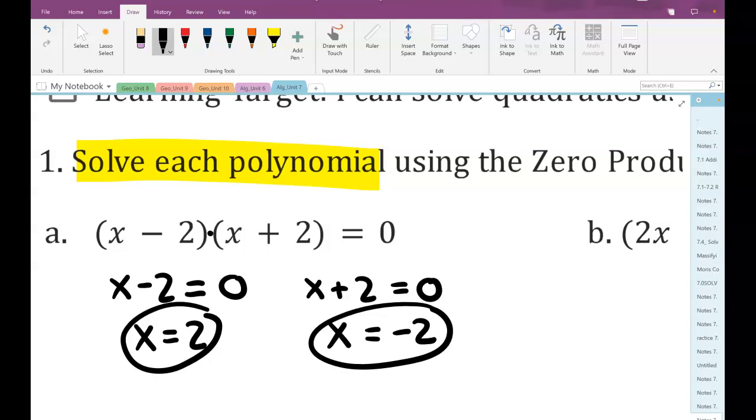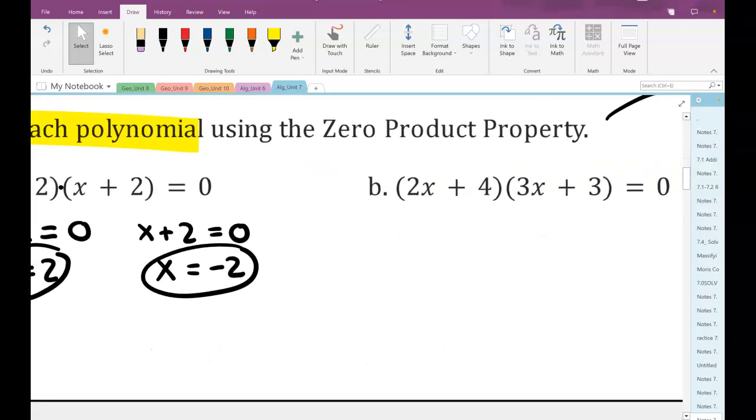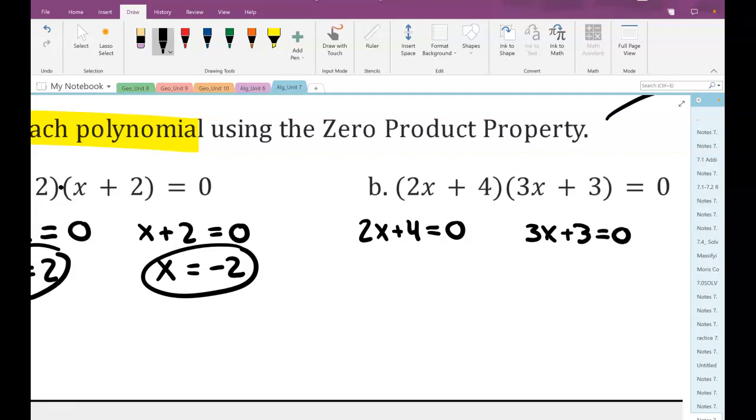We do the same thing if we look at example B. Again, we have 2 binomials being multiplied together. So 2x plus 4 is equal to 0, and then 3x plus 3 is equal to 0. To solve, we could subtract 4 from both sides.